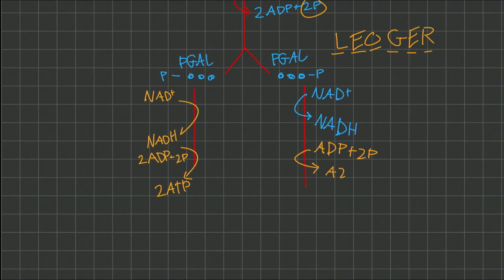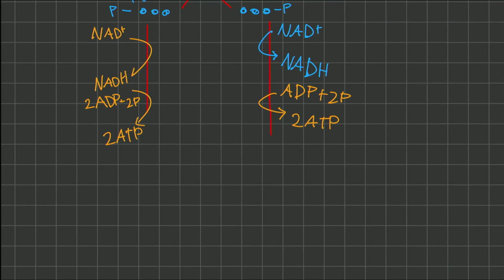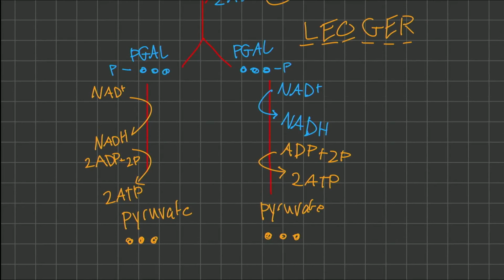And you're probably wondering, what is the product of this process? The product is going to be a molecule called pyruvate. We're going to have 2 pyruvates for 1 glucose molecule. Pyruvate is a 3-carbon molecule. Finally, each PGAL is converted into pyruvate, the 3-carbon molecule that marks the end of glycolysis.